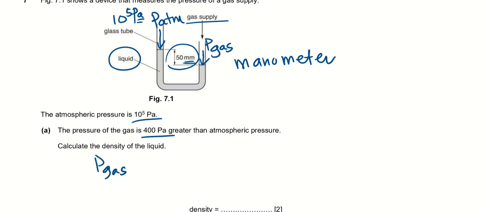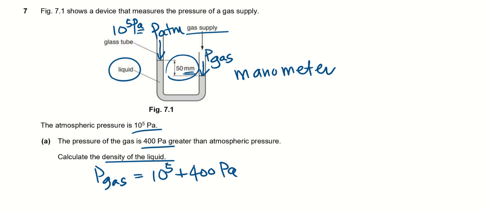P gas is then 10 to the power 5 plus 400 Pascal. But they want us to calculate the density of the liquid, and this difference in pressure will be reflected in this difference in height.